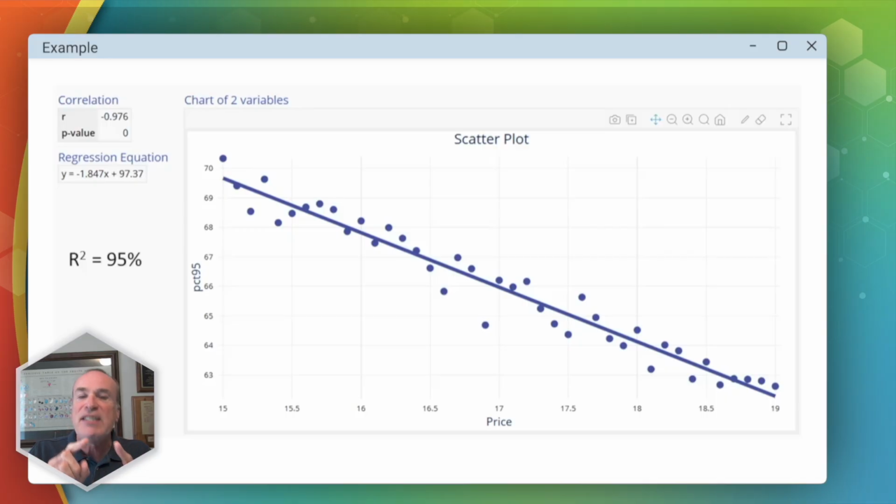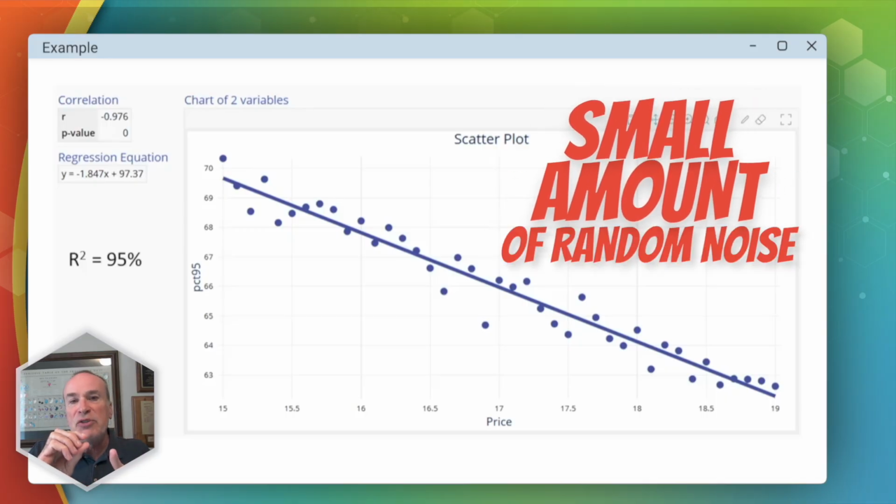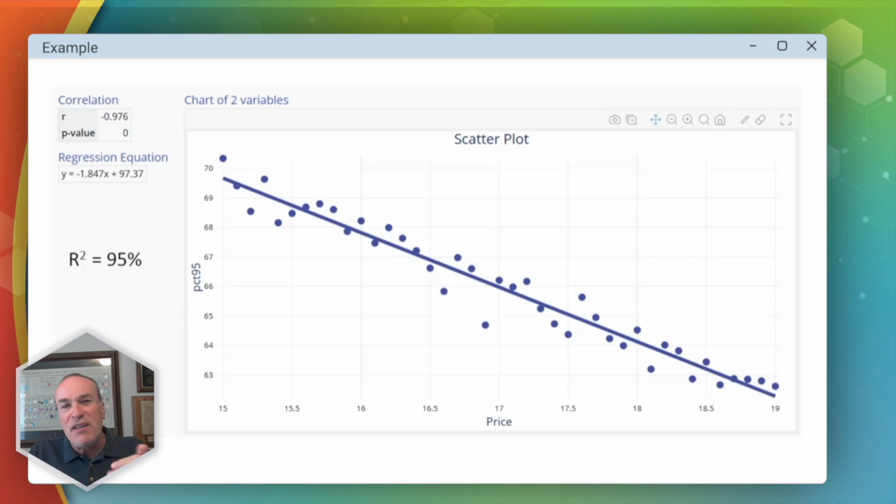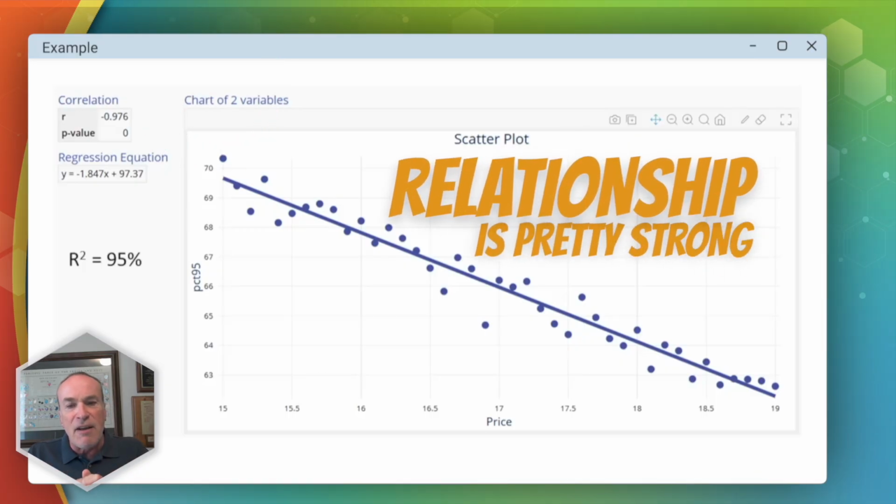To each of those sales, I introduced a small amount of random noise that's normally distributed purely at random, and I generated enough random noise to get me to an R squared of 95%. You can see the correlation coefficient, negative 0.976. And so you can see that the relationship is pretty strong.